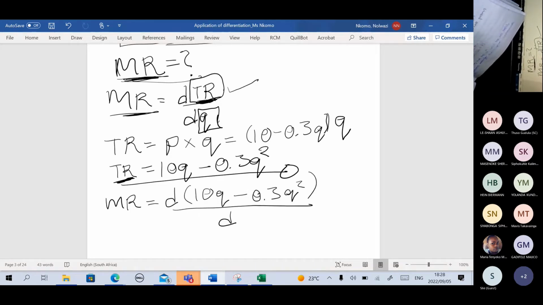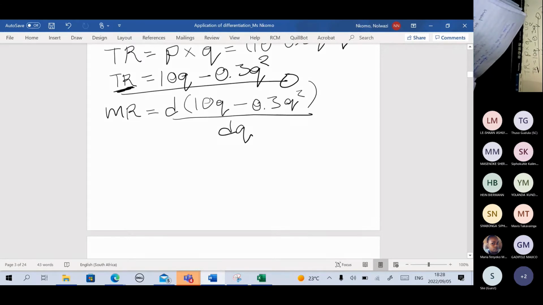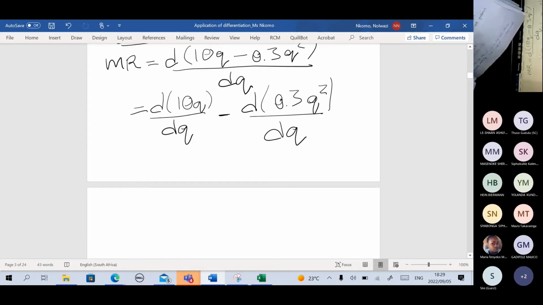We are differentiating with respect to Q. Let me separate it again: the derivative of 10Q with respect to Q, minus the derivative of 0.3Q squared with respect to Q, right?